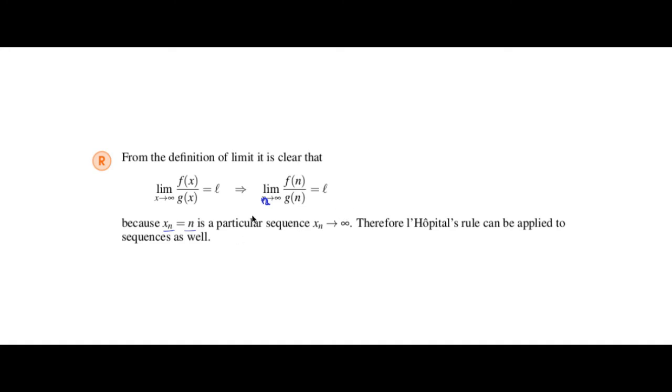Okay, so now let's see one example in which L'Hopital's rule doesn't work. Suppose we have this limit: the limit when x goes to 0 of x squared times the sine of 1 over x divided by the sine of x, right?